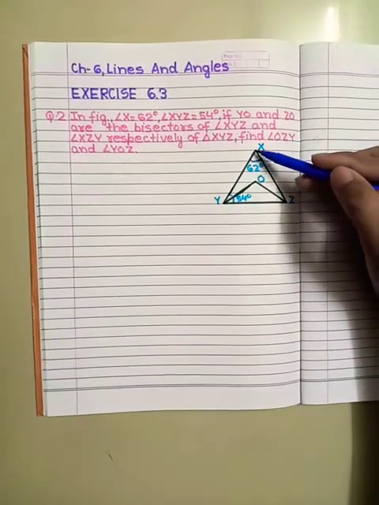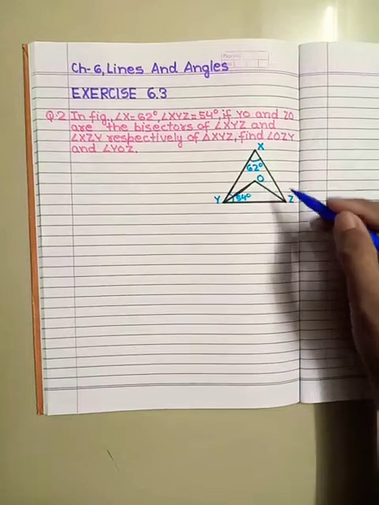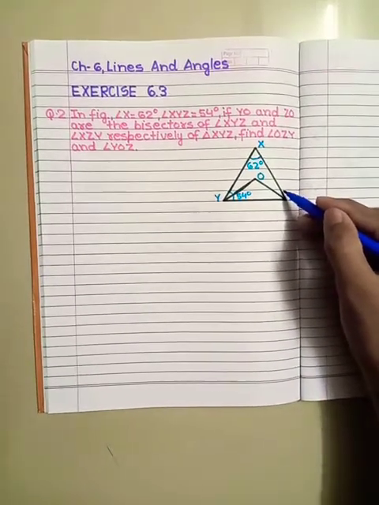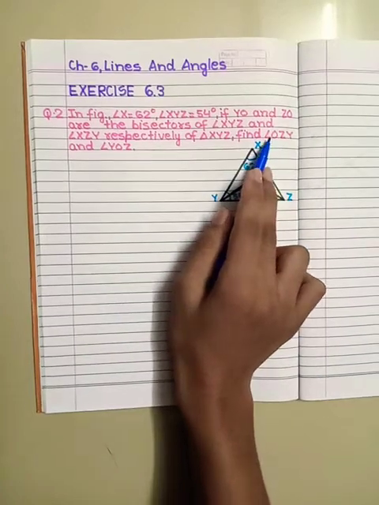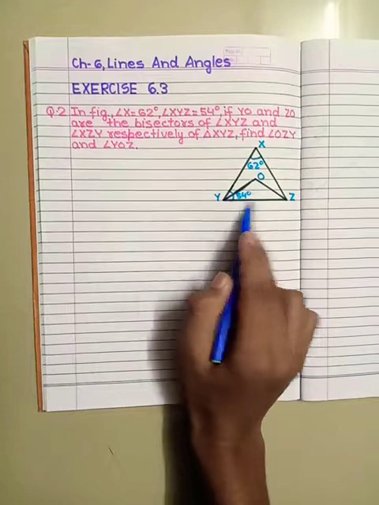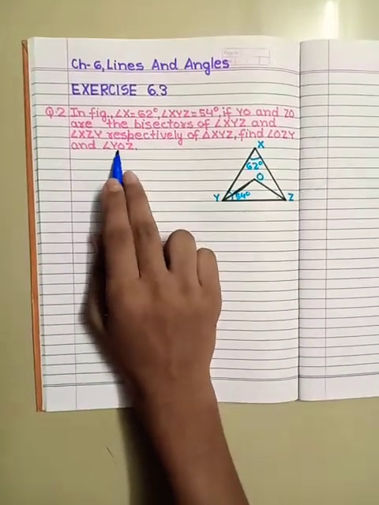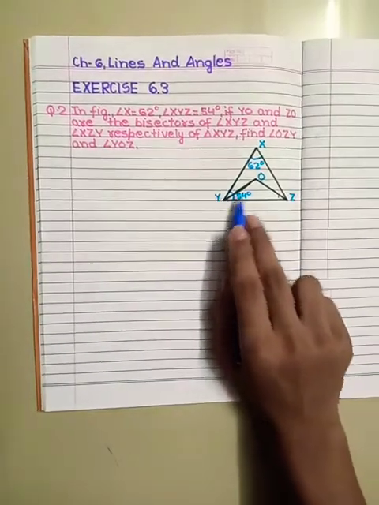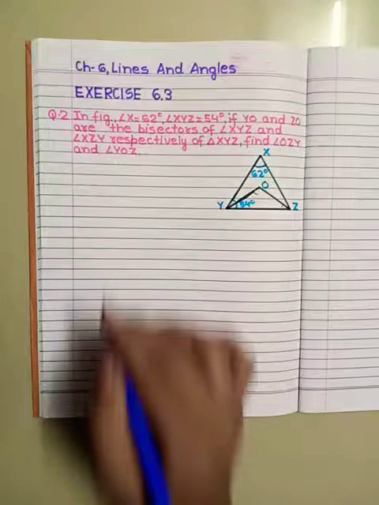And angle XZY is bisected by the line ZO. This means that this angle and this angle will be equal. Now find angle OZY, this angle, and angle YOZ, this angle O. So let's begin.